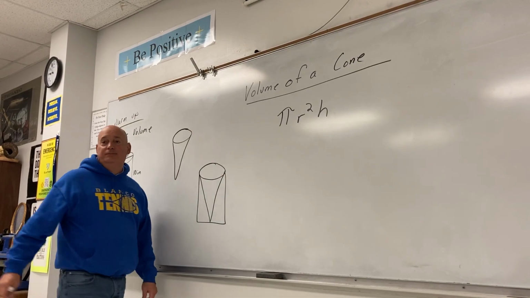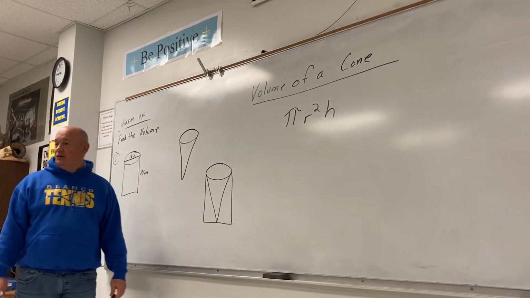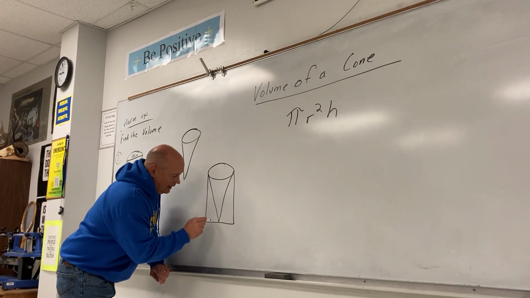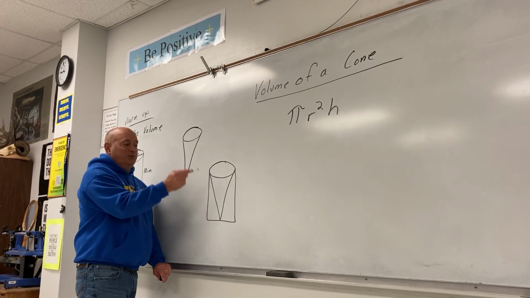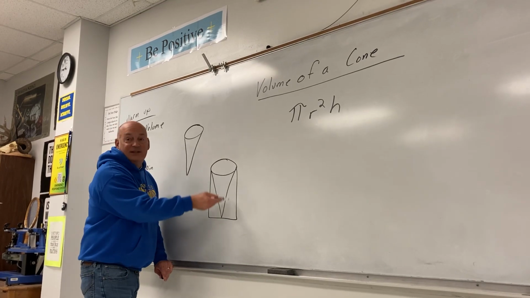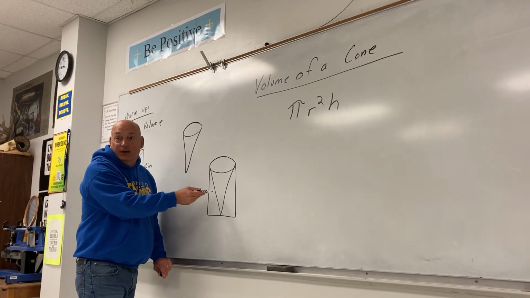So there's a cone, but there's extra space on the sides. Angel says 3, and he's right. Are y'all with me? 3 of these will fit inside one cylinder. We got one on the side here, another one over here, and we got the one in the middle.